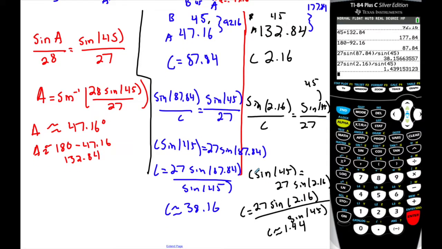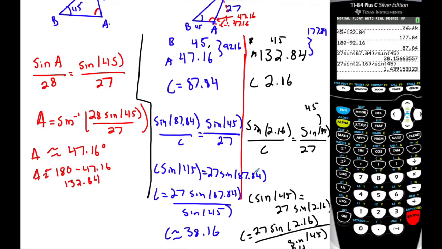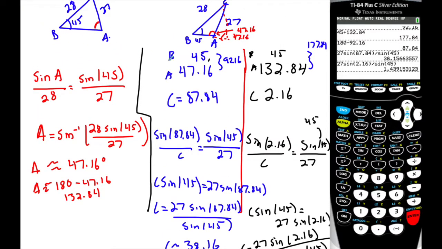Okay, so those lead to our two solutions. We got big B is 45, big A is 47.16, big C is 87.84. Then accordingly little b is 27, little a is 28, little c is about 38.16.